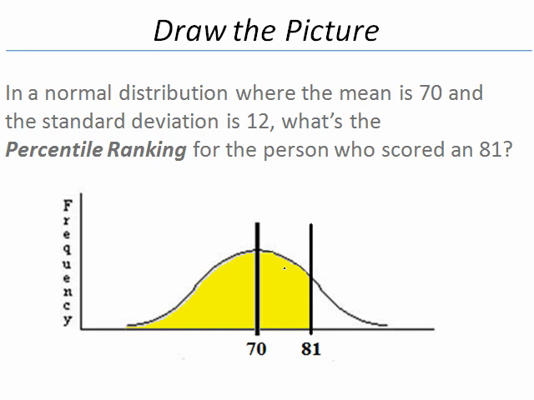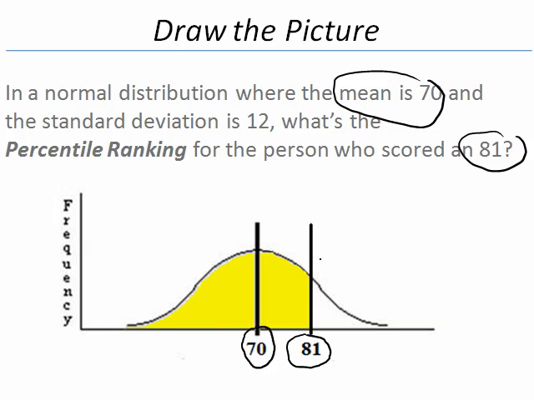Our question reads, in a normal distribution, where the mean is 70 and the standard deviation is 12, what's the percentile ranking for a person who scored an 81? When we draw, we're going to go ahead and record the value, which is 81. We'll also record the mean, which is 70.